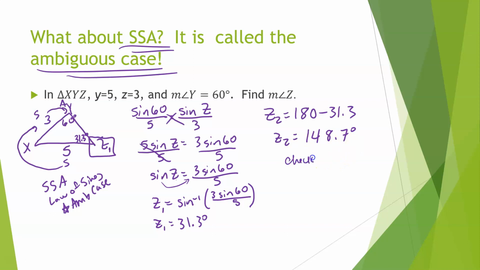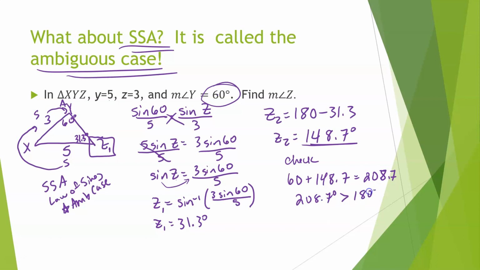Well, now I need to check to see if that's possible. The angle they told me was 60 degrees. So I'd have to take the first angle, the Y, that has to be there, of 60 degrees, plus this angle, 148.7. But when I add those together, I get 208.7. Well, 208.7 degrees is greater than 180 degrees.